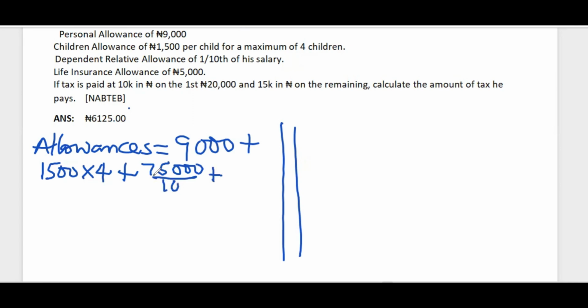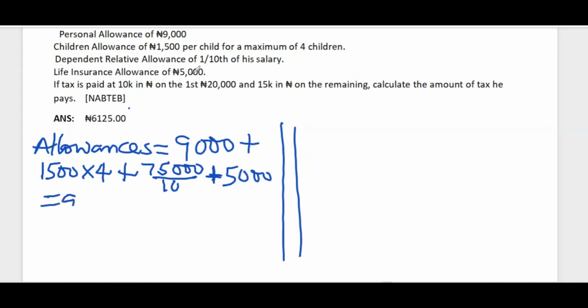That is the dependent relative allowance to cater for the man's relatives that are depending on him. After that, we have life insurance. Life insurance is also an allowance. We have it because the person may have to insure some of his properties, maybe a house or vehicle or any other thing.